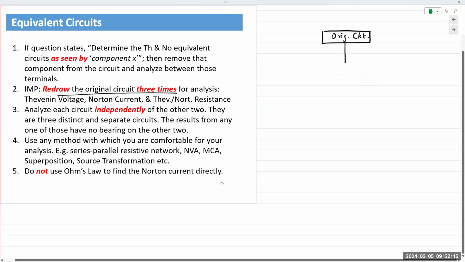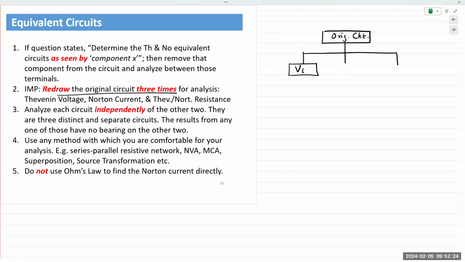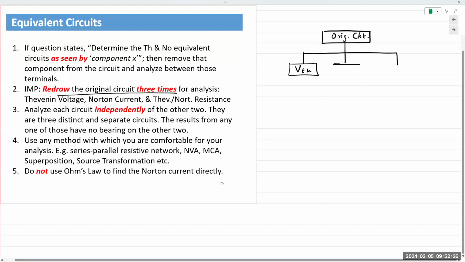Actually, let's make it smaller. Thevenin voltage, Thevenin resistance, and Norton current.